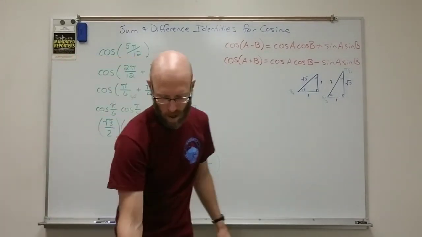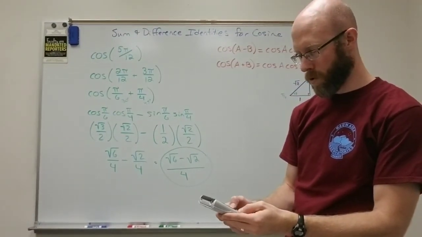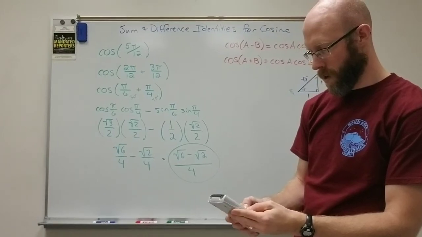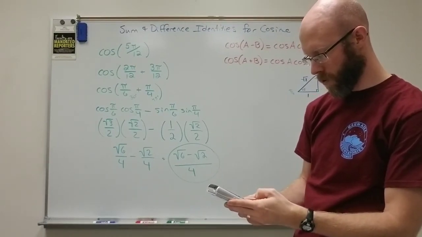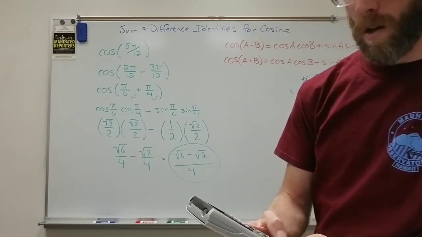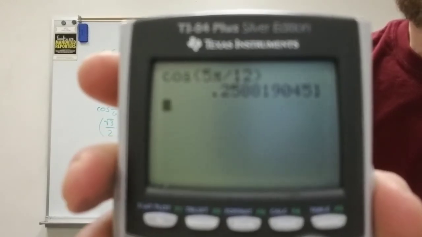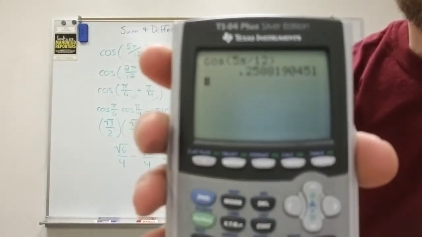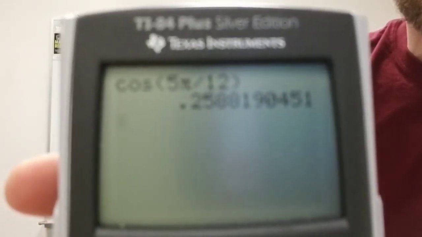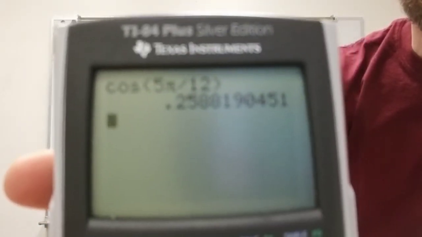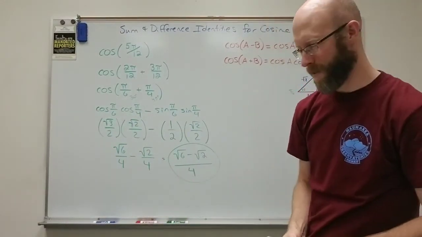So I could run through that and just verify it very quickly, change my mode to radian, and I type in cosine of 5 pi over 12. And you should see right there, hopefully that focuses. It's not focusing. 0.2588 is the decimal.